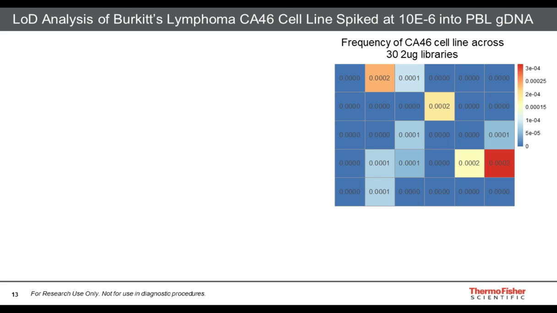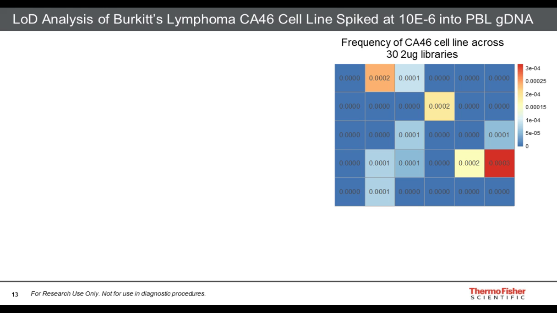the IGH-SR assay. Now, 2 picograms of genomic DNA is approximately 1/3 cell equivalent. And so in an optimal situation, you might expect to detect the rearrangement at a frequency of 1 in every 3 libraries. And in fact, we detected in 10 out of the 30 libraries, very close to expectation.